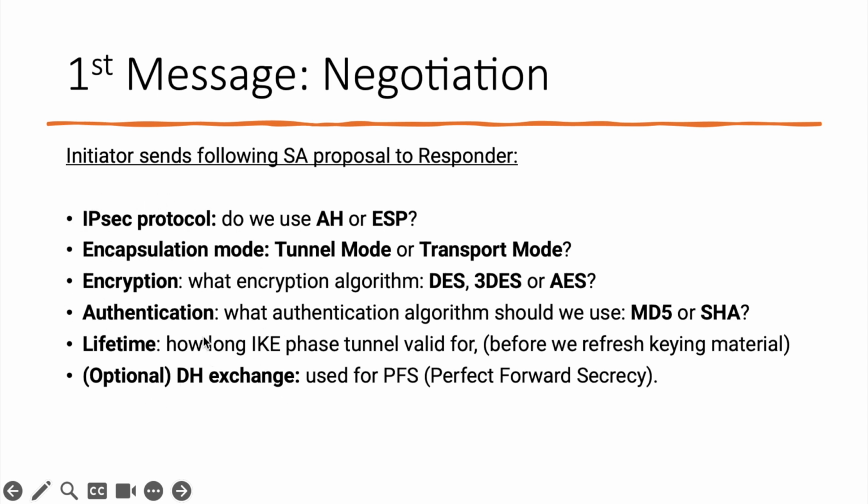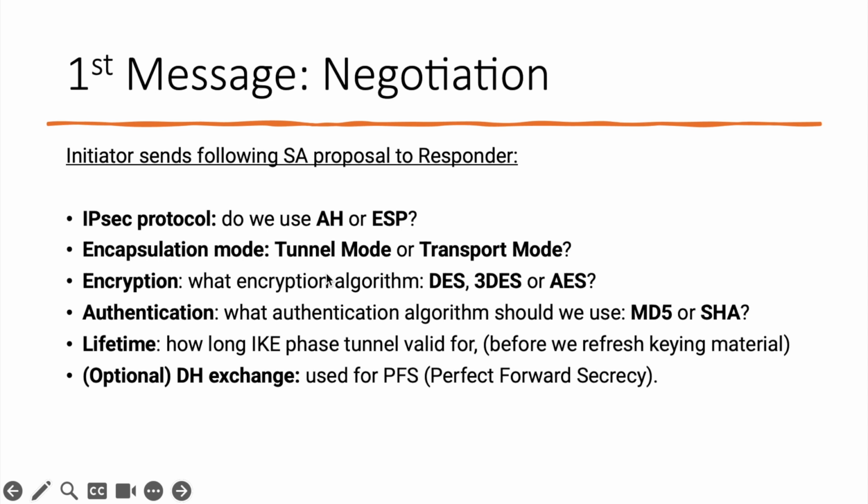So the network engineer is obviously going to configure these with the particular parameters he's looking for. IPsec protocol: let's say on the initiator we've configured ESP. It's going to send that to the responder and say, do you agree that we're going to use ESP? Encapsulation mode: do we use tunnel mode or transport mode?